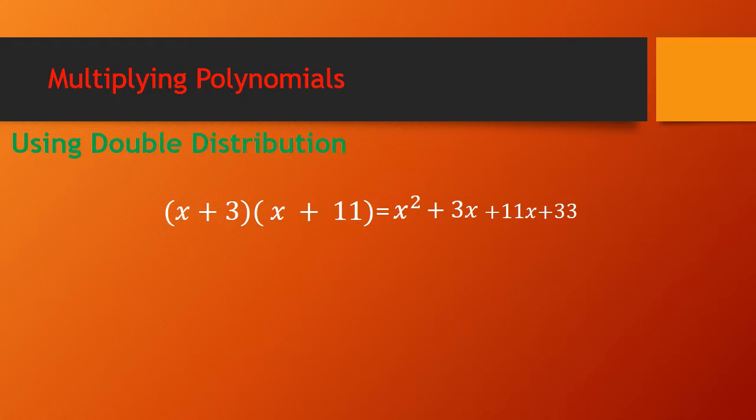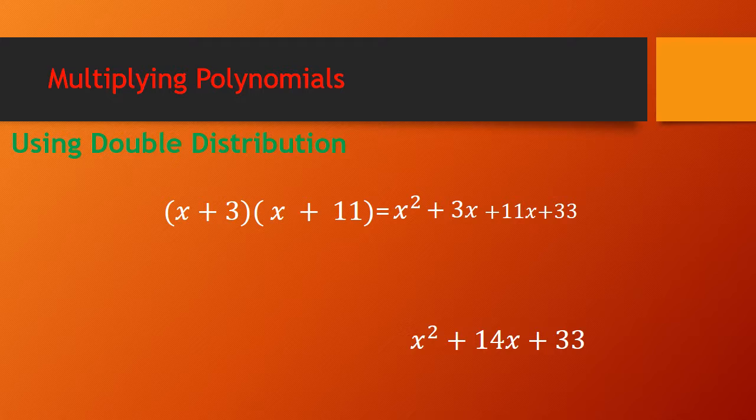And then from there, we look and see that we have two like terms, 3x and 11x. We put them together and we end up with 14x. So multiplying this binomial by another binomial gave us a trinomial. And this trinomial in the standard form is x squared plus 14x plus 33.